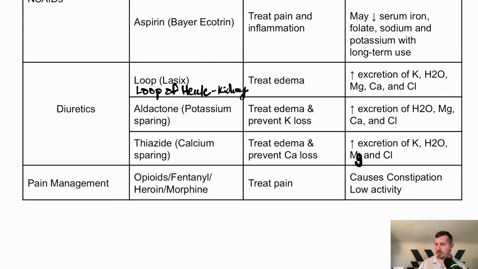For Aldactone, I can think of redact K. So Aldactone, redact K could be one way that we could go about thinking of Aldactone, a potassium sparing. There should be some good nursing videos out there too, or nursing quotes and texts. They give you ideas for remembering Aldactone.